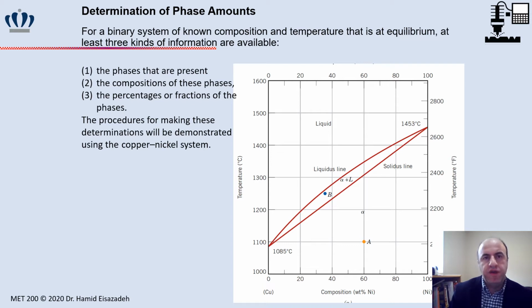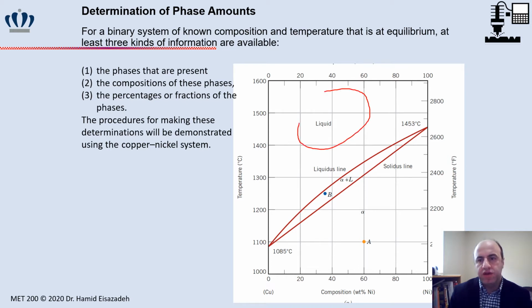In the phase diagram, sometimes we need to determine the amount of phases. Here we have copper nickel, right? If we have one phase, for example in this region we have liquid, right?